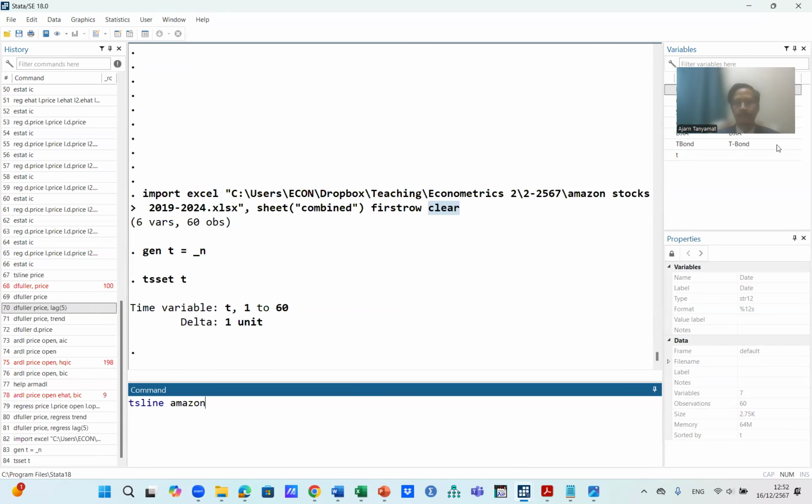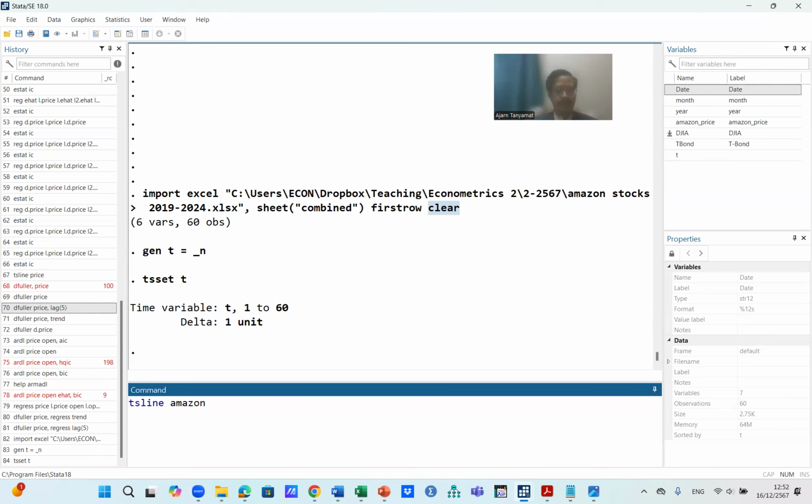Amazon, DJIA. Notice that I have to do capital letters because, you know, Stata really cares about that. T-bond. Okay.